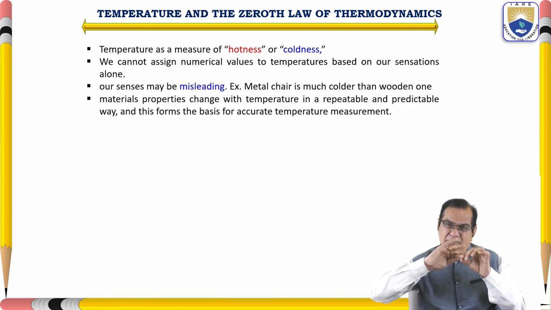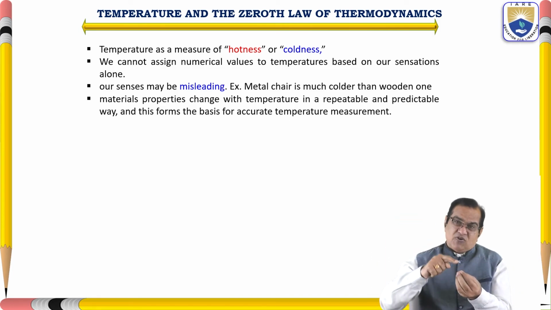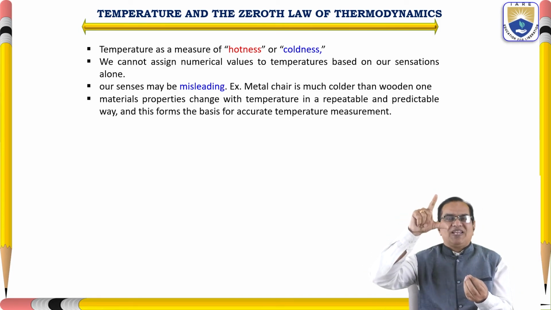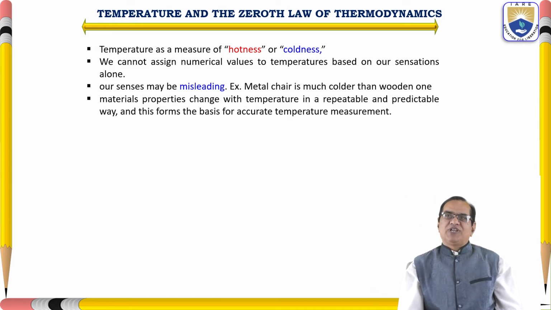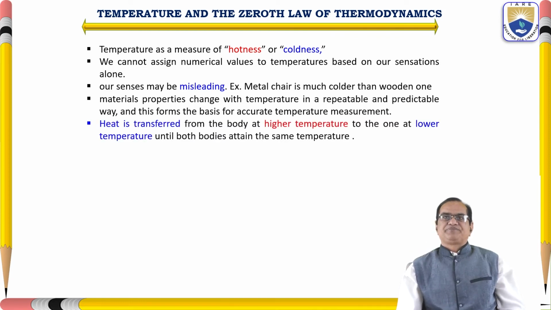These will give a proper rate. If you heat it, the volume will increase by a certain amount, and if you cool it, it will come back down to its original position. So these properties form the basis for temperature measurement.